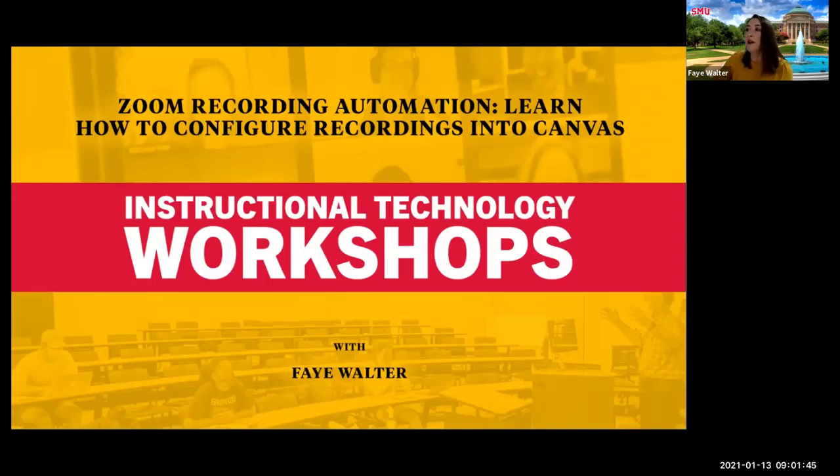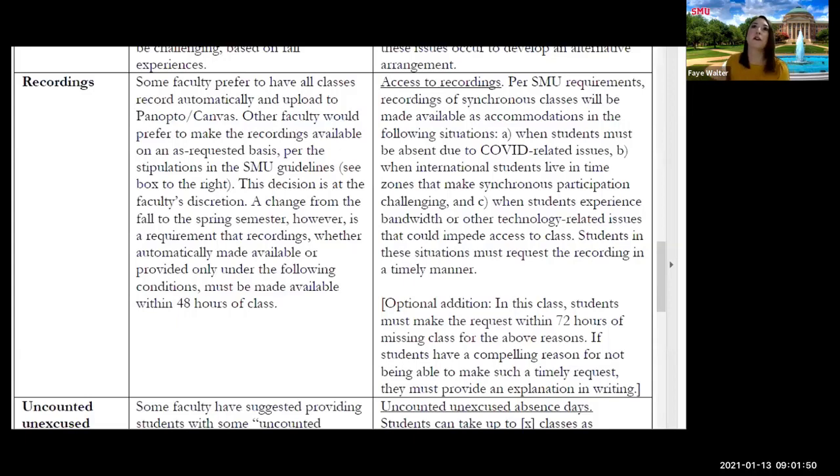First, I hope that you have all seen the Provost's attendance options for spring. It mentions recordings, how and why to record, which we will talk about. You see here, per SMU requirements, recordings of synchronous classes will be made available as accommodations when necessary.